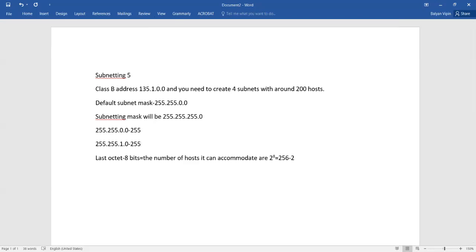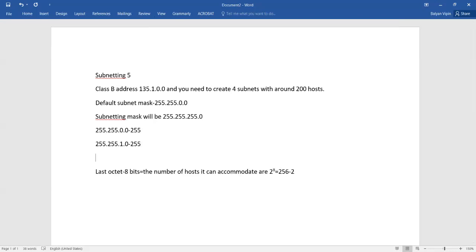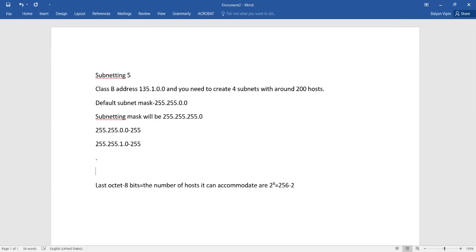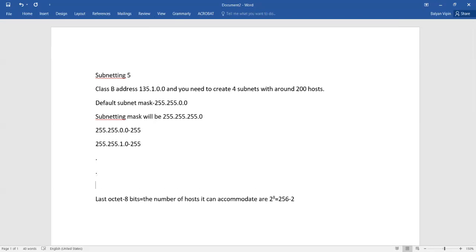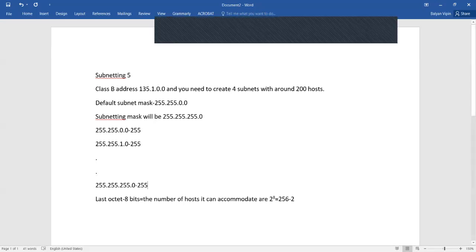But you need only 200, so we will go up to 200. And in a similar way, it will go up to 255.255.255.0 to 255. So these are basically 256 combinations of subnets available to you. Now this is your first question.